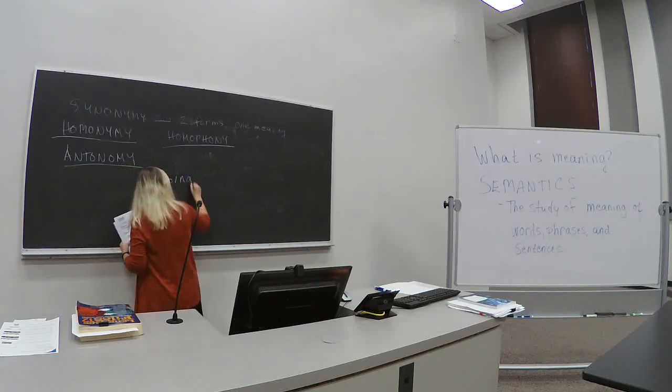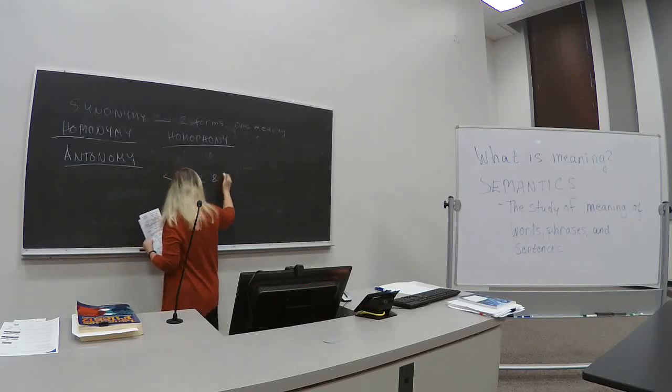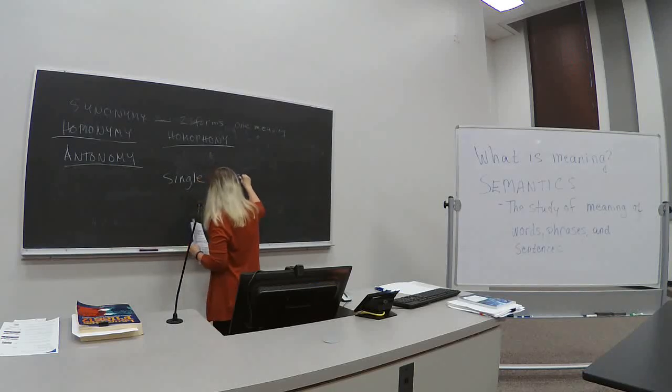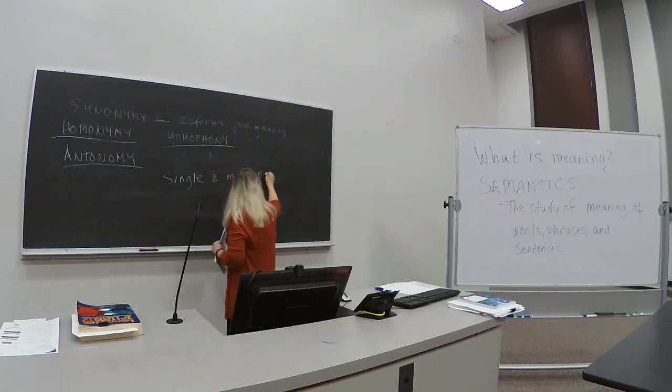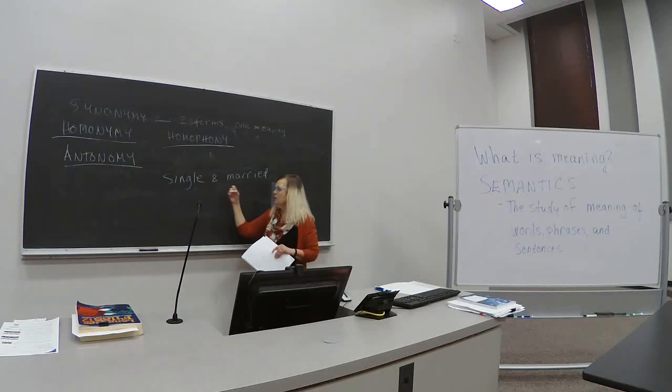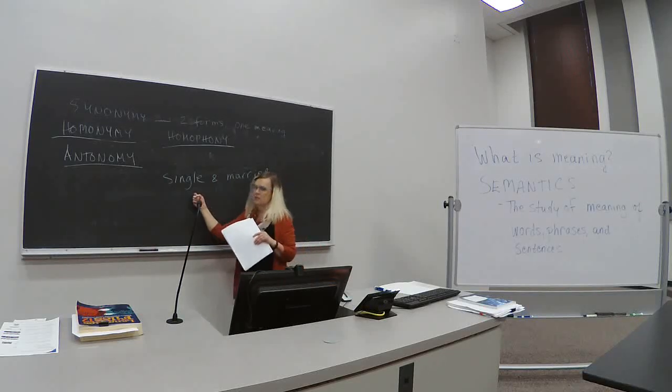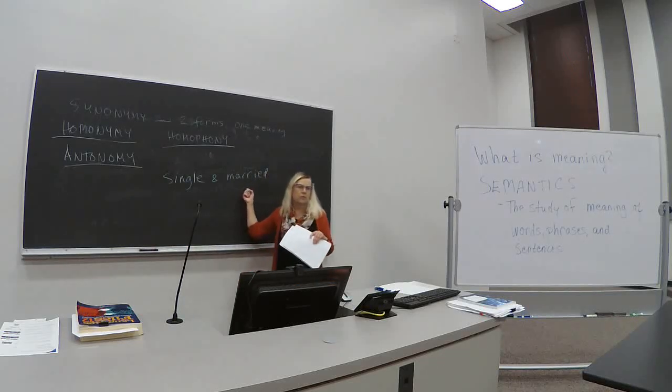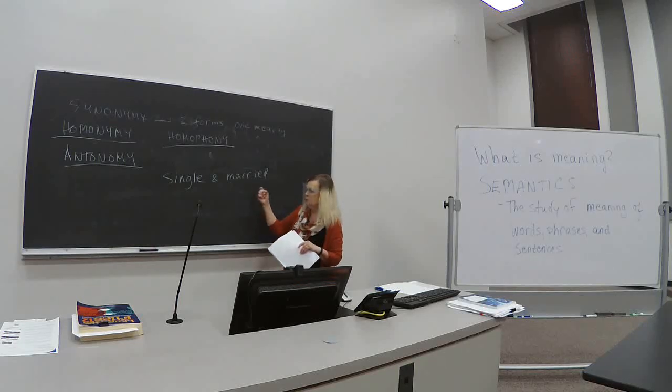So let's look at two words. When we try to define a word in terms of its opposite, we're looking at pairs like, for instance, single and married. So what does it mean that a person is single? It means that the person is not married. What does it mean that a person is not married?